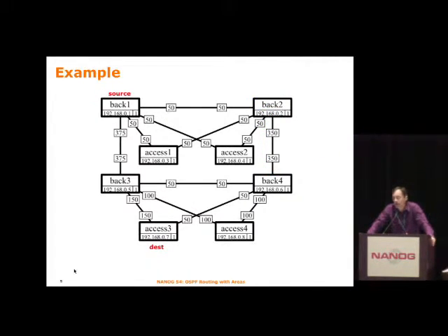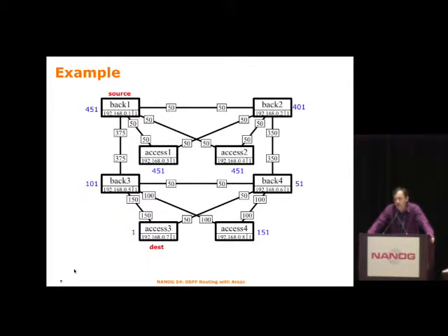So, for example, if you were routing from the back 1 to the access 3 router, the various routers would be computing their paths and distances to the destination. From access 3 itself, the distance is just 1 because it's just the distance from it to its loopback. Back 4 looks amongst its various routes and finds the shortest path of 51, which is along the direct link.